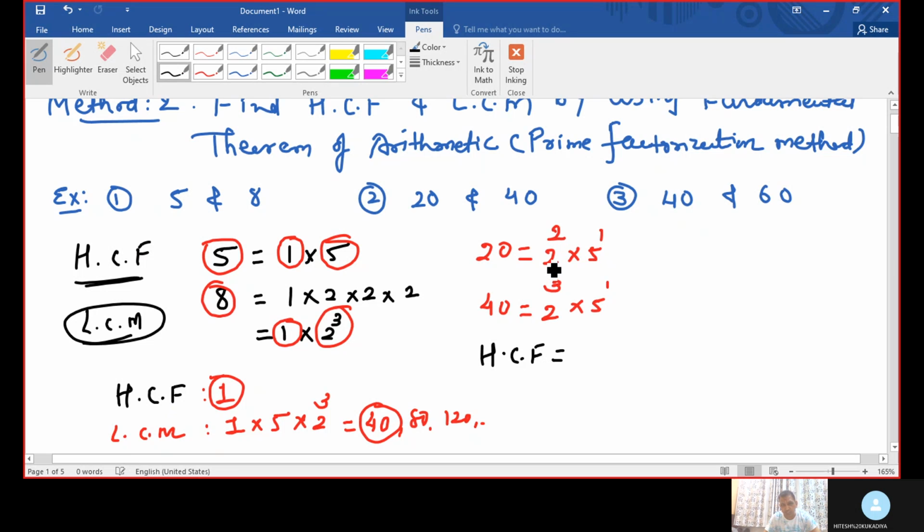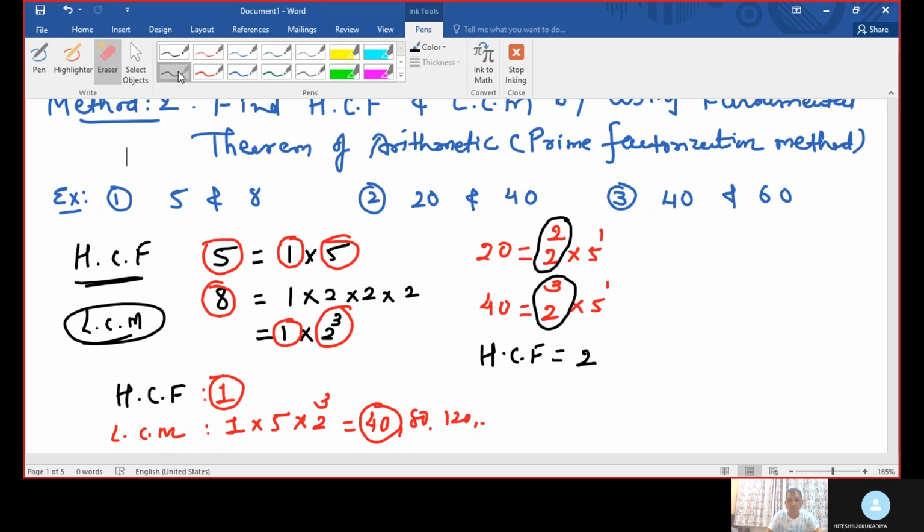Here the common number is 2, but it appears as 2 raised to 2 and 2 raised to 3. So when we find HCF, always take the common number with the smallest power.